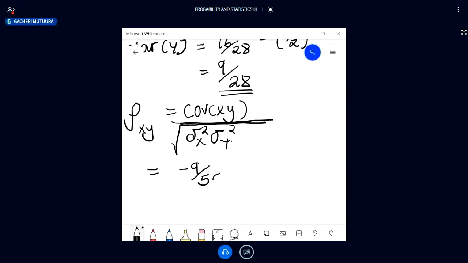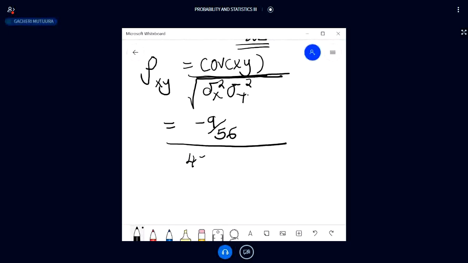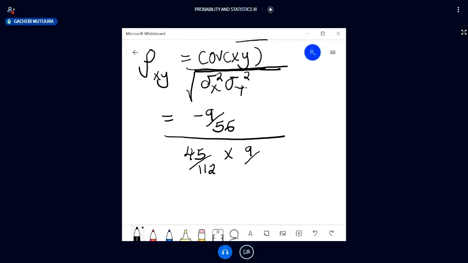We've obtained sigma x, which is 45 over 112, times 9 over 28. You get the square root because we want the standard deviation, not the variance. So if you deal with the variance, always remember to get the square root. So give me that value.